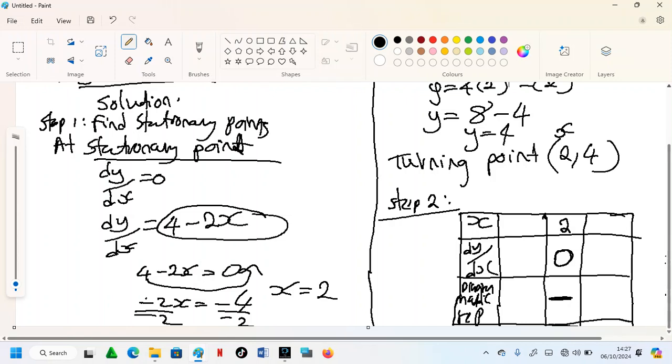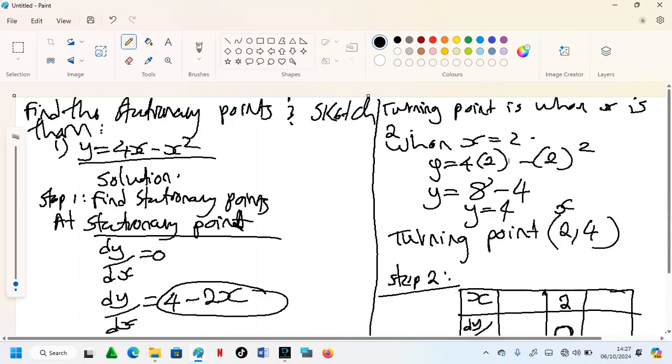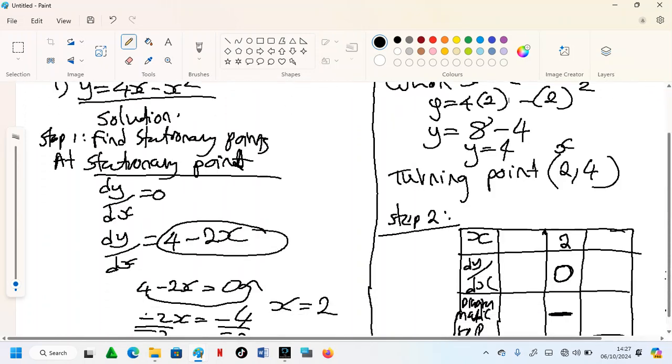Why? Because remember, when x is 2, it's the turning point, and we know that at the turning point, dy/dx must be equal to 0. Then we take the neighborhood of 2 from the left and from the right. 1 is close to 2 on the left hand side, and 3 is close to 2 on the right hand side.